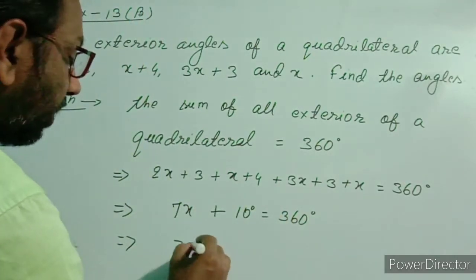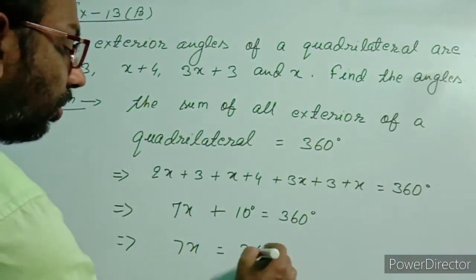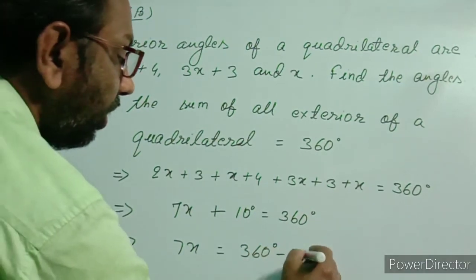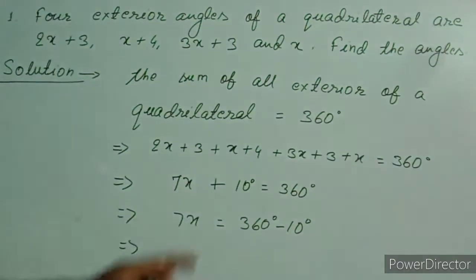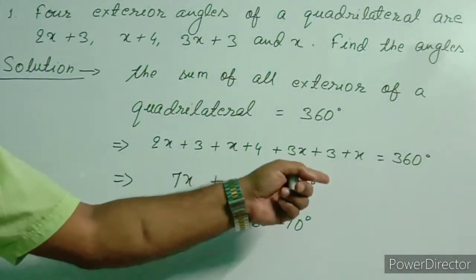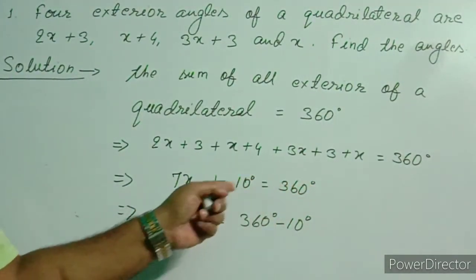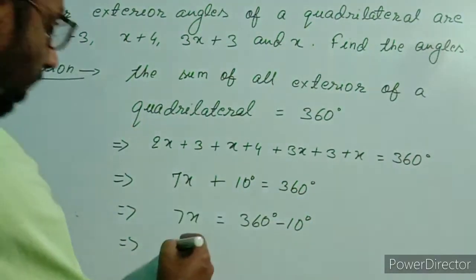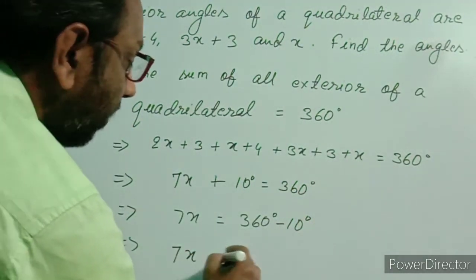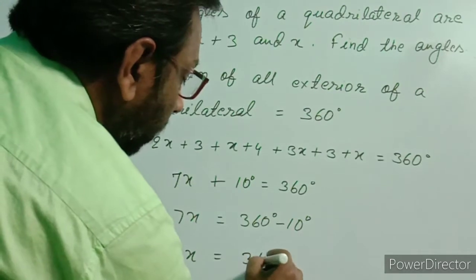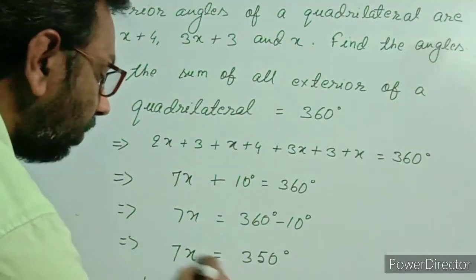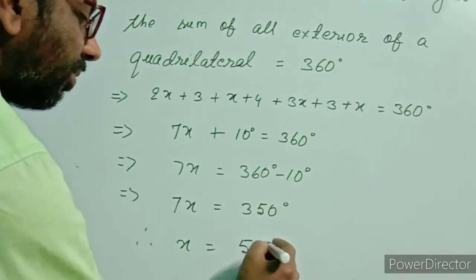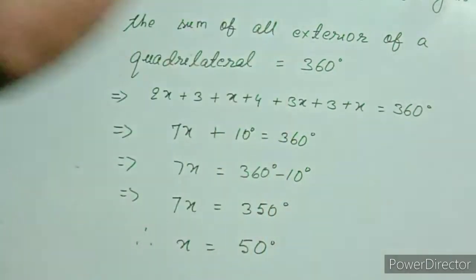We can write 7x equal to 360 degree minus 10 degree. By the rule of transposition, plus 10 will go that side. After going that side, it will be minus 10. Now we have 7x equal to 350 degree. Therefore, x equal to 7 5s are 35 and one more 0, 50 degree.